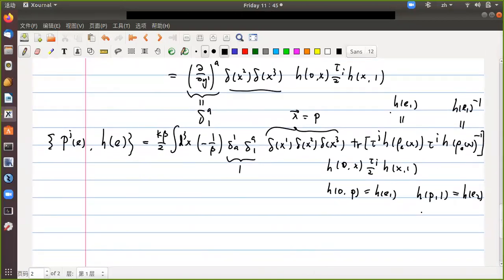Okay, so now we can write explicitly, simplify this formula, integrate our delta function and take the integrand evaluated at the intersection point.